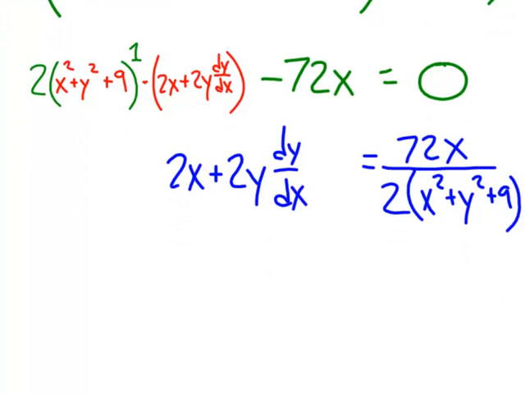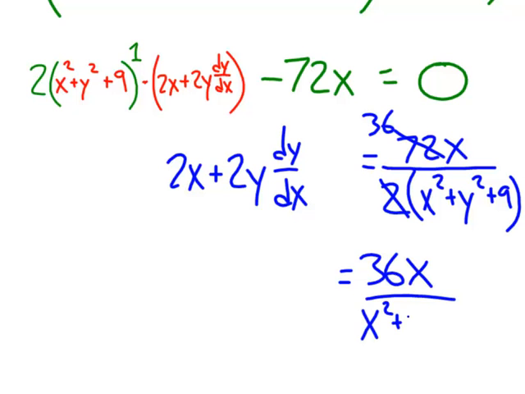Let's reduce the fraction on the right. 72 over 2 will become a 36, right? So I'm going to have 36x over x squared plus y squared plus 9. And let's also subtract the 2x over.